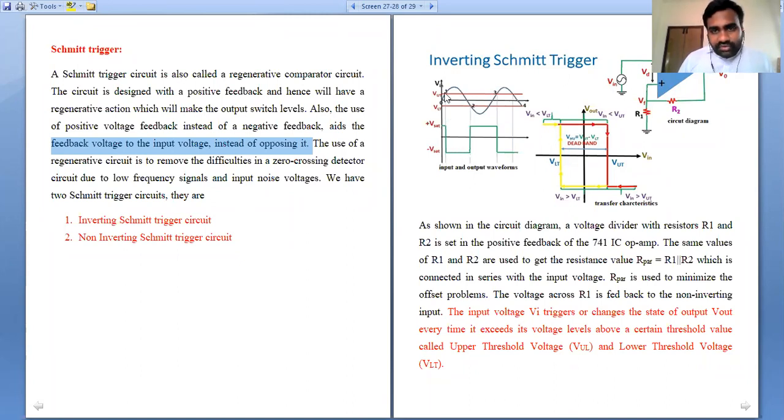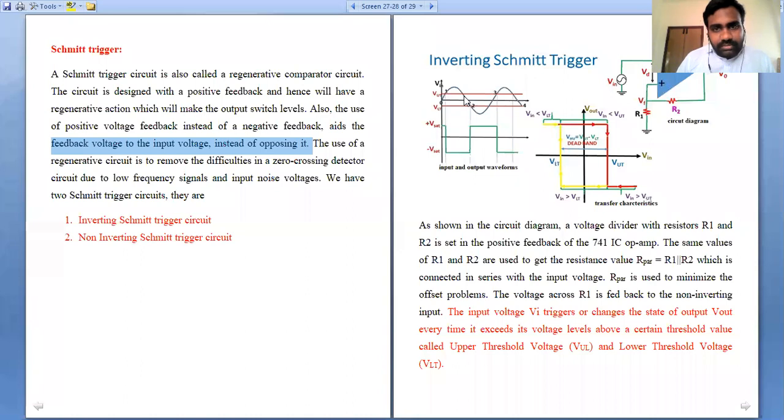After this instant, the input voltage is greater than the upper threshold voltage, that's why the output is low, and it reaches towards a positive peak. After this intersection, again the input voltage is dropping with respect to the upper threshold voltage.